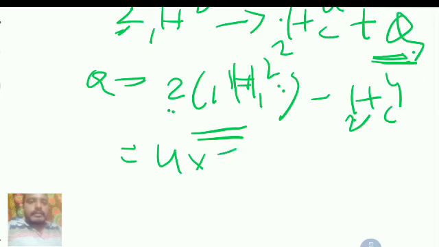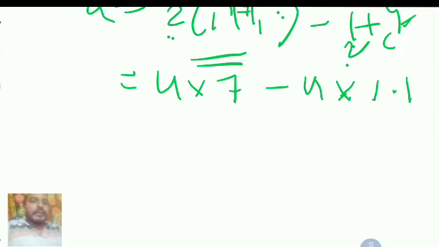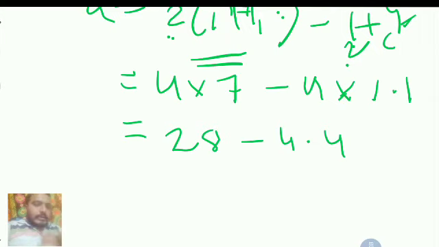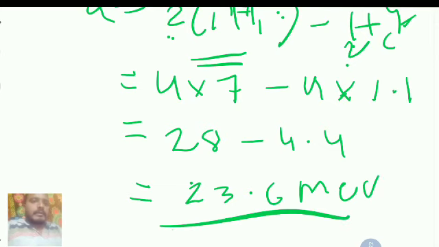So 7 minus, here helium also has 2 protons and 2 neutrons, then 4 into the given released energy, 1.1 mega electron volts. So 4 into 7 is 28 minus 4.4, simplifying this one, 23.6 mega electron volts. It is the answer.